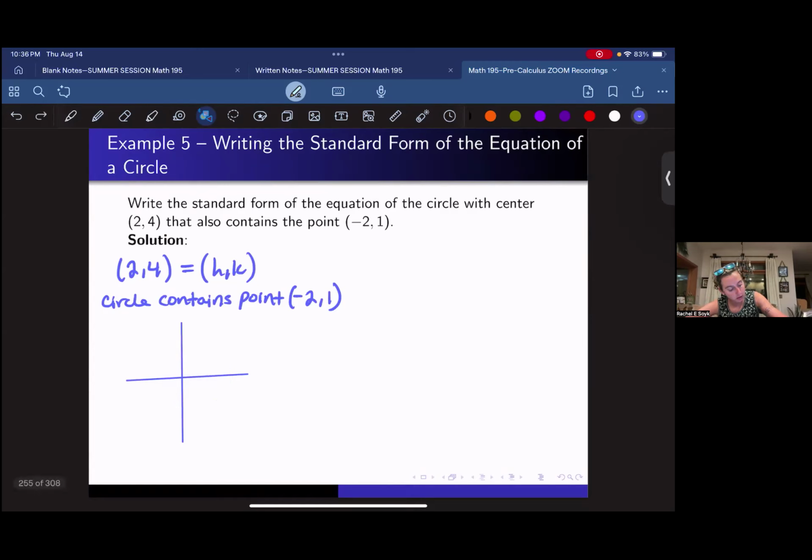And so if we look at this visually on a graph, you'll be able to see that we're going to actually have to use these 2 points in order to calculate our radius. And I should be more accurate, right? Our center point is 2 comma 4. So let me just actually plot the center point first and then put the circle around that.